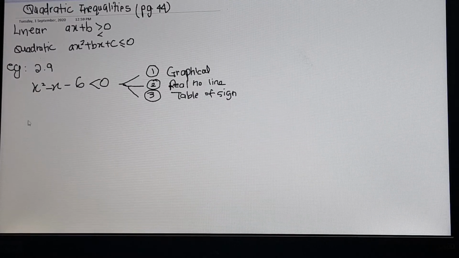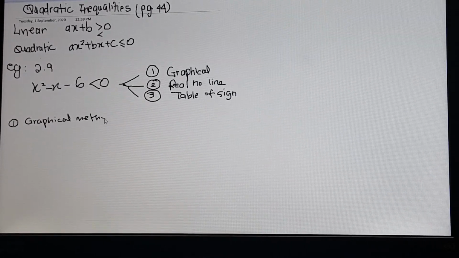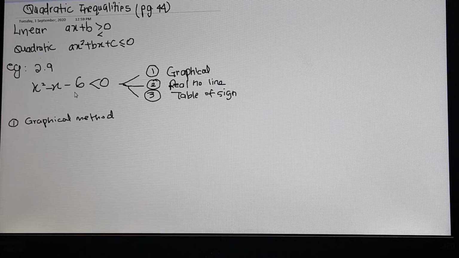Okay, let us take a look. If you choose the graphical method, the first step is to factorize the inequality here.